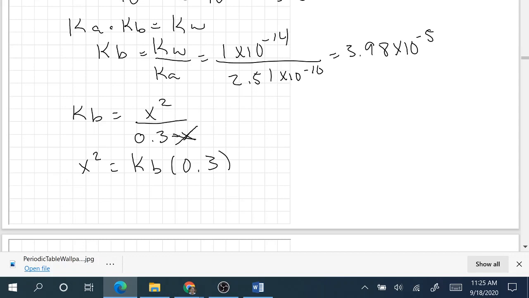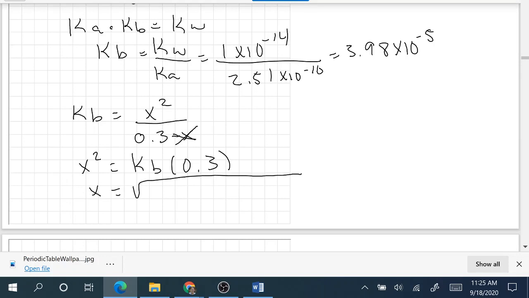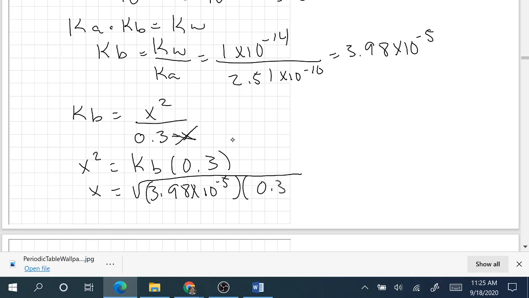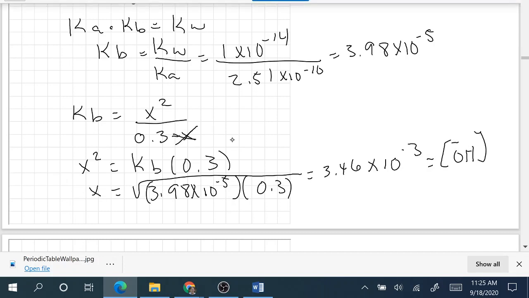Okay, so x is equal to the square root of Kb, which is 3.98 times 10 to the minus 5th, times 0.3, which is 3.46 times 10 to the minus 3rd. And that is our hydroxide ion concentration. Remember, x was also equal to our hydroxide ion concentration.